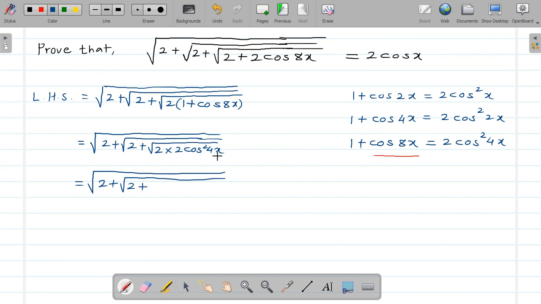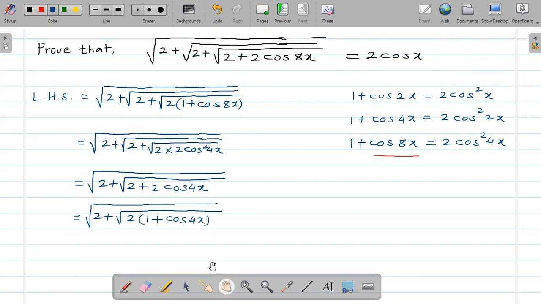The root of 4 times cos square 4x we get as 2 times cos 4x, so the root gets cancelled. Observe carefully: under root it is 4 times cos square 4x, so you can remove the root sign and get the term 2 times cos 4x. In a similar way, under root 2 plus, in the second root there is a 2 common, and if I take 2 common, I have to write 1 plus cos 4x.